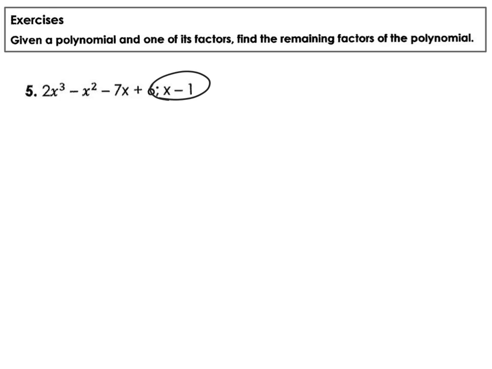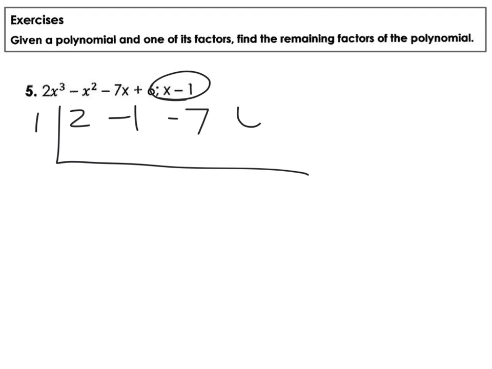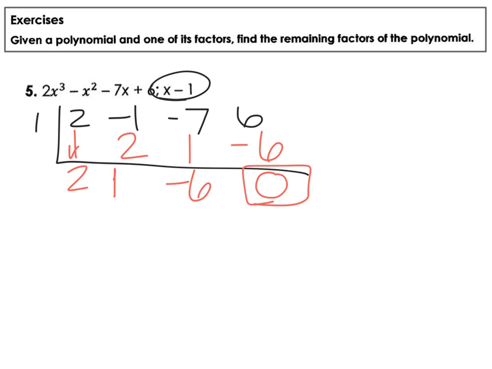We know x minus 1 is a factor, so put 1 on the outside, our coefficients on the inside. Then we're going to do synthetic substitution, bring down the first term, we get 2, 1, 1, negative 6, and 0. 0 is our remainder, so we're good.